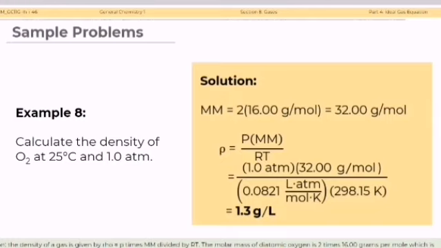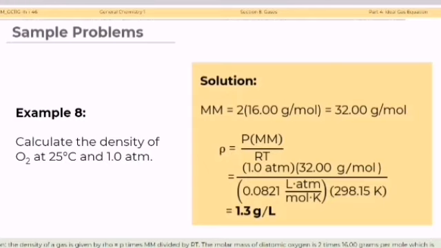The density of a gas is given by ρ equals P times molar mass divided by RT. The molar mass of diatomic oxygen is 2 times 16 grams per mole, which is equal to 32 grams per mole.